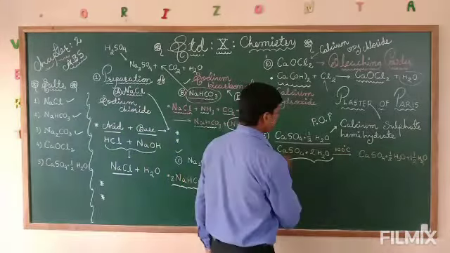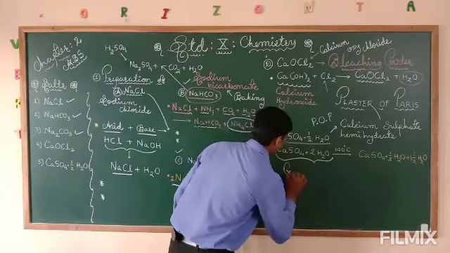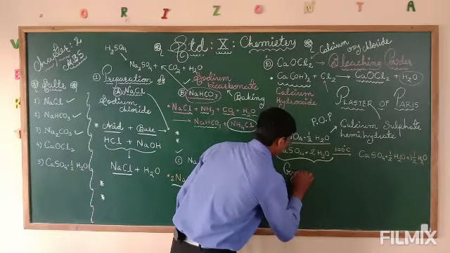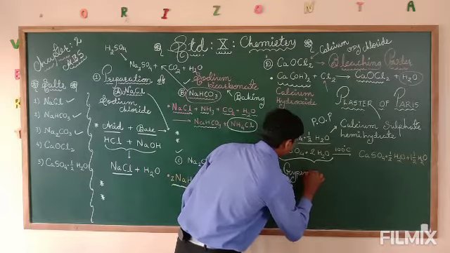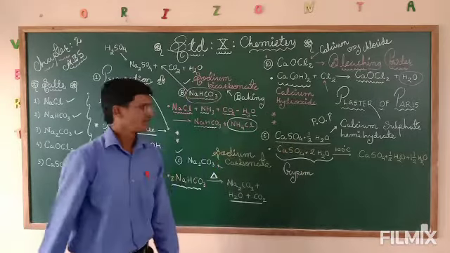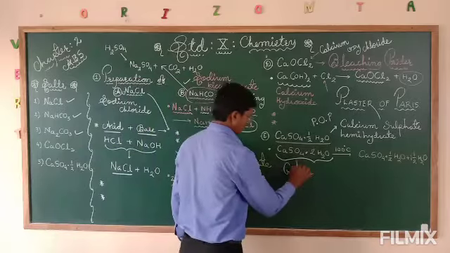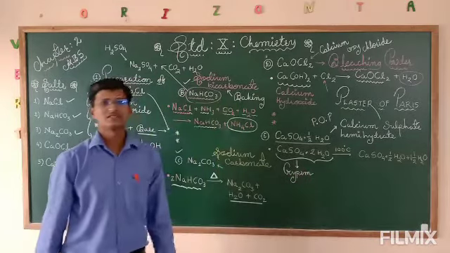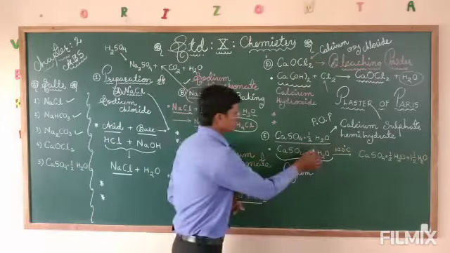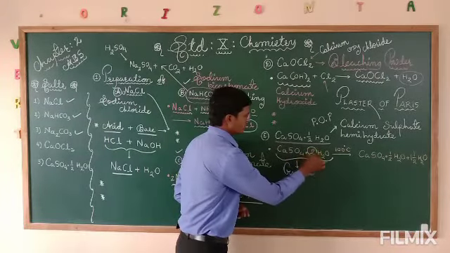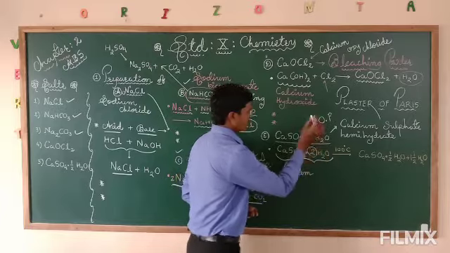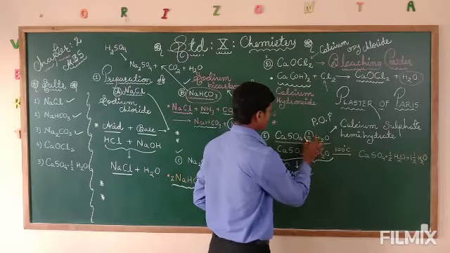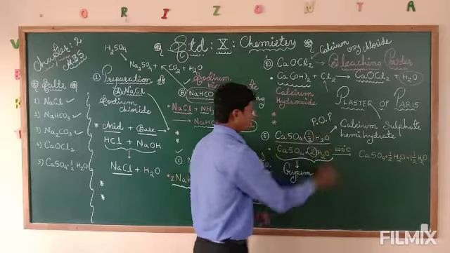Now what is CaSO4 into 2H2O? It is gypsum. So in the exam remember that the formula of plaster of Paris and gypsum is somewhat different. Here you can see 2 molecules of water, whereas in plaster of Paris it is only half molecule.